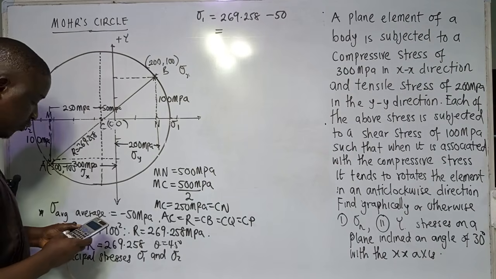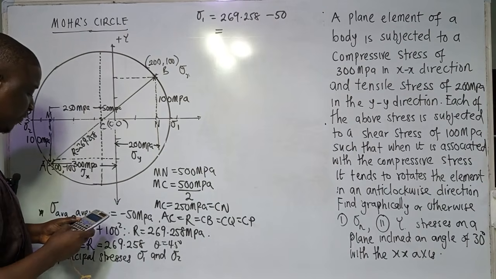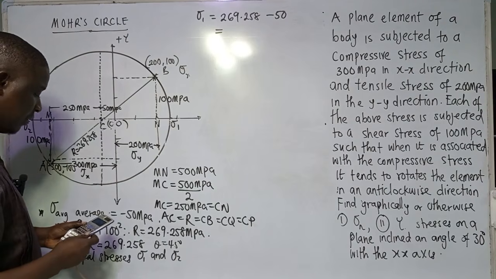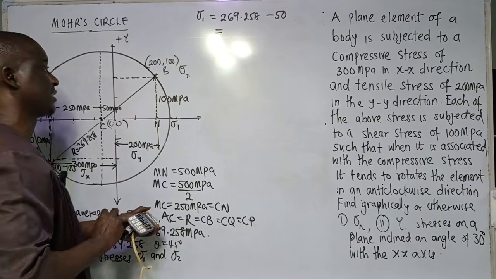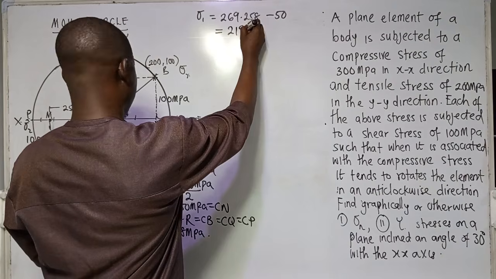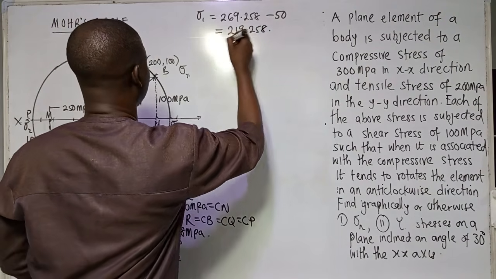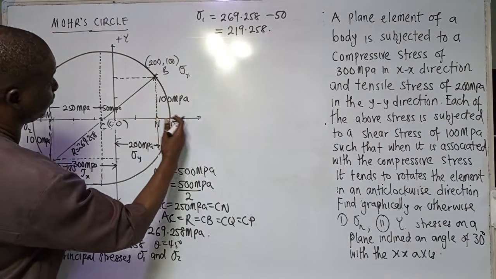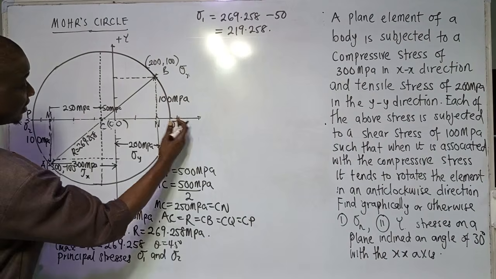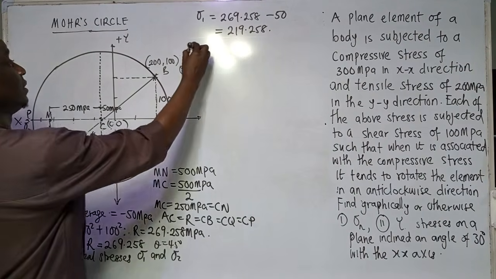So 269.258 minus 50. So the principal stress is now 219.258. This is the principal, the right hand side, that means the major one of the principal stress.